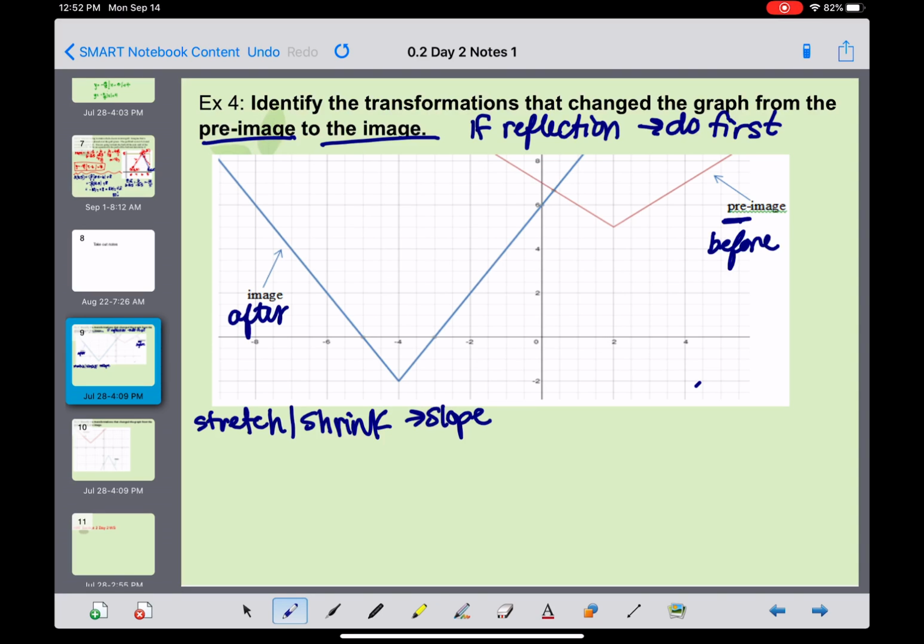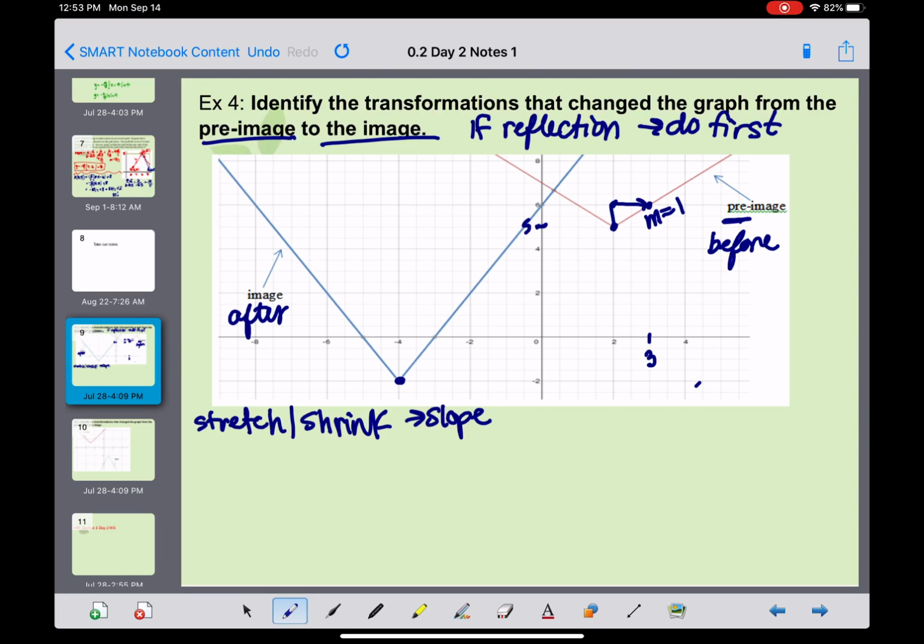So here's my vertex on the before. Make sure you're careful with the scale here. If I go up 1 and over 1, that means that I have a slope of 1. You could also use your slope formula if you would prefer.